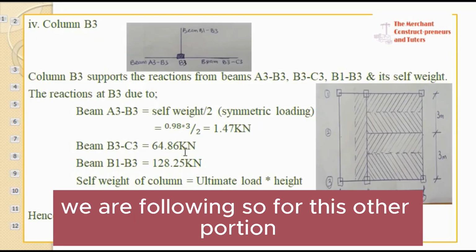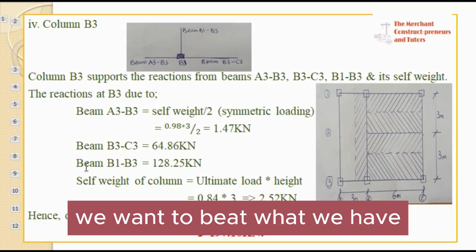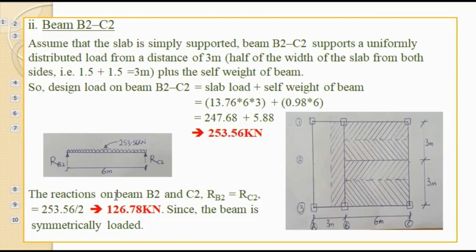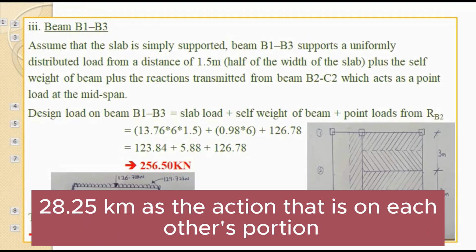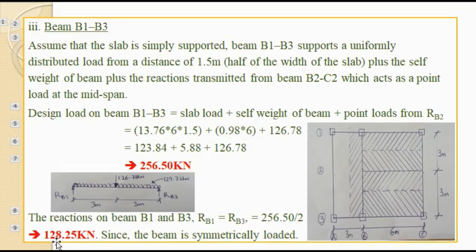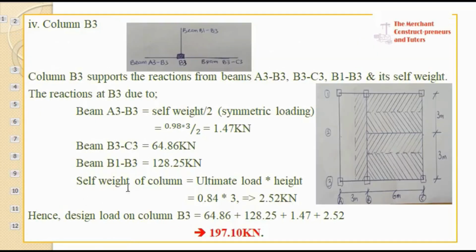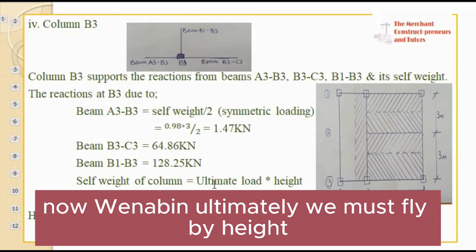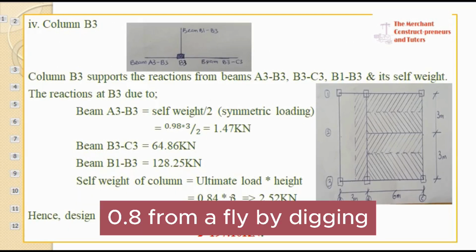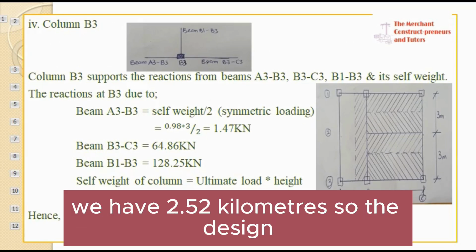For B1 to B3, we have 128.25 kilonewton as the reaction on each of these portions. So that is how we got this. The self-weight of the column will be the ultimate load multiplied by height: 0.84 multiplied by 3, we have 2.52 kilonewton.